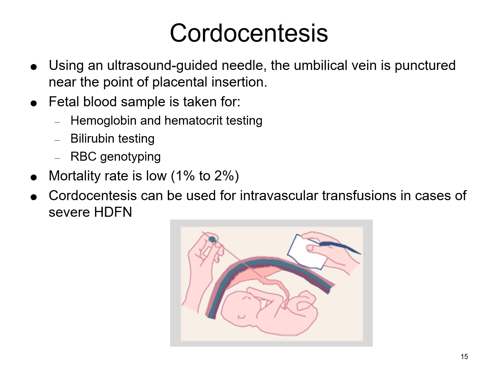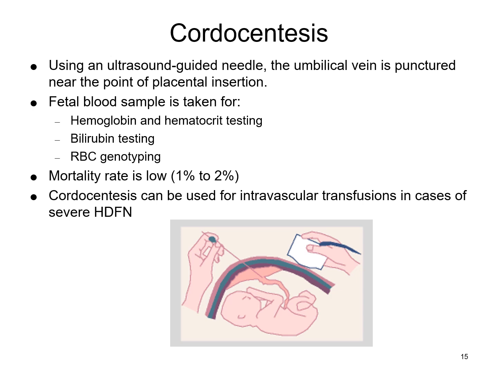You can also do a chordocentesis on the infant. Using the ultrasound, they'll take a needle, very similar to the amniocentesis where they go in and get the amniotic fluid. With the chordocentesis, they will go straight into the umbilical vein and take some of that fetal blood sample and do some checks on it, like hemoglobin, hematocrit, and bilirubin, as well as doing the genotype on that infant just to look for some of those particular antigens that are present.